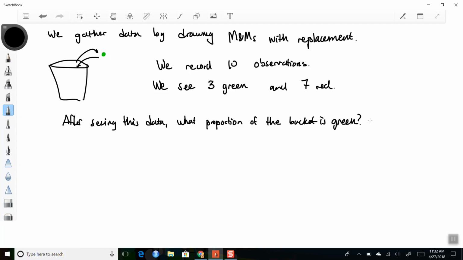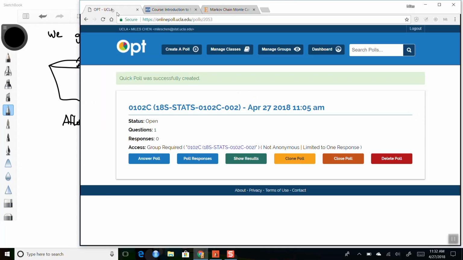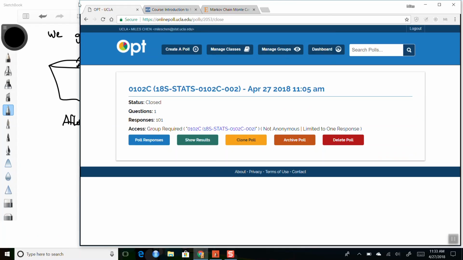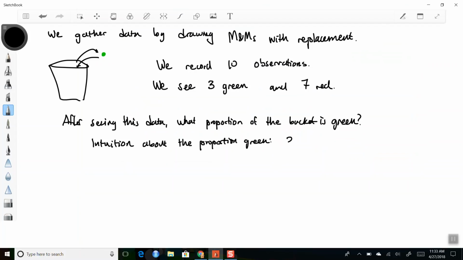And so if we wanted to, let me just list some of this stuff down. Here, let me close our poll. So our intuition about the proportion green is that 30% is very likely, 20% to 40% also likely, 60% is possible but unlikely.